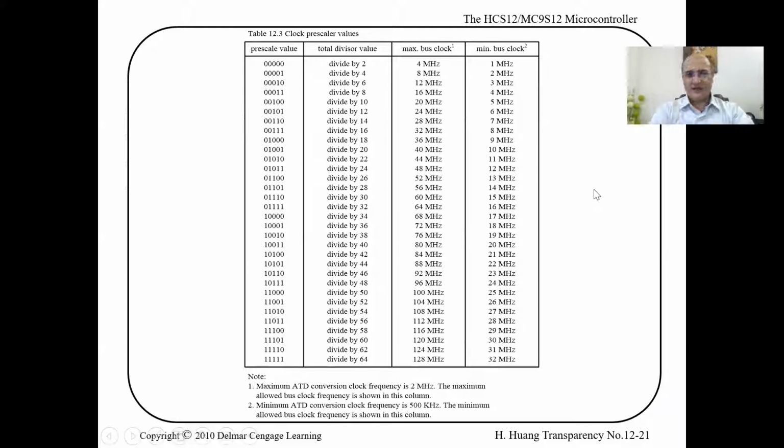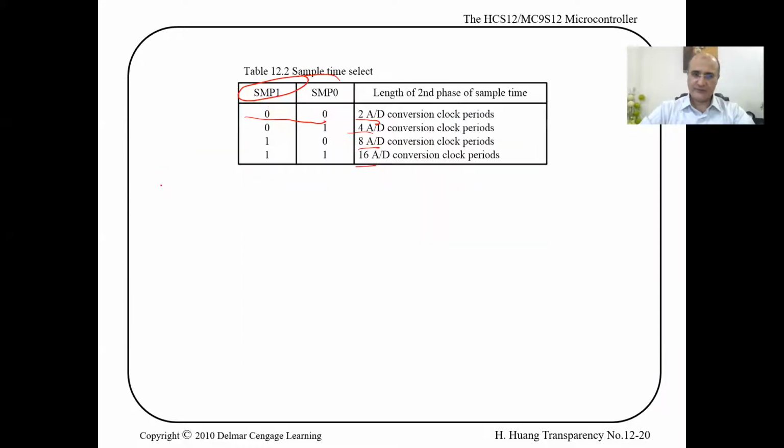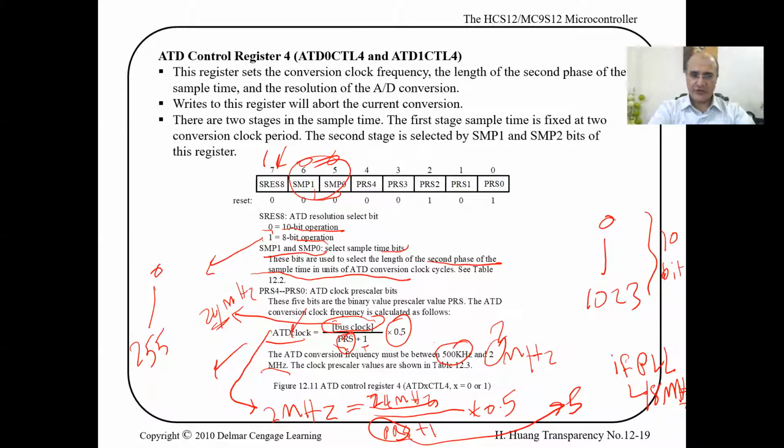Yani in our case, this is what we did, right? Our maximum A to D clock is 2 megahertz, and our bus speed is 24. So our prescaler will be what? 5. This is what we just computed. Meshi? So these PRS bits from 0 to 4 would be 5.